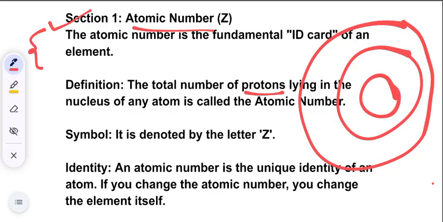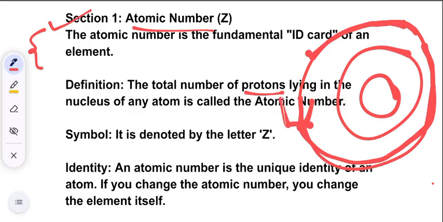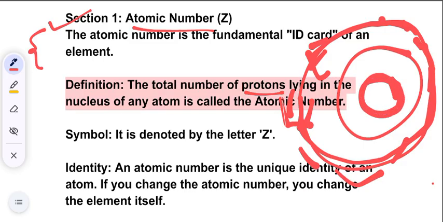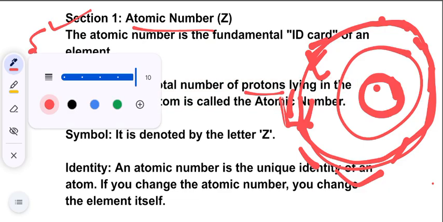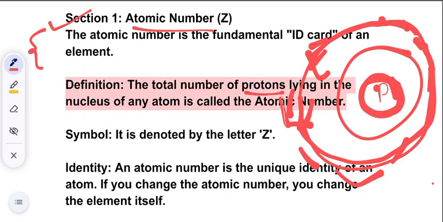Here, in these orbits or shells, electrons are present. And in this hard, dense central core, what is present? Proton and neutron are present here. For those who don't know what this diagram is, it is the structure of an atom. An atom is the smallest part of an element or a compound.